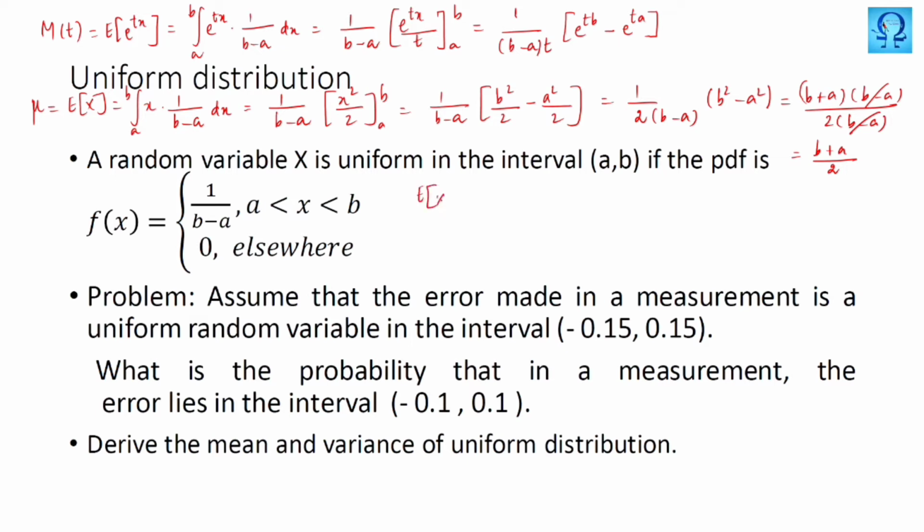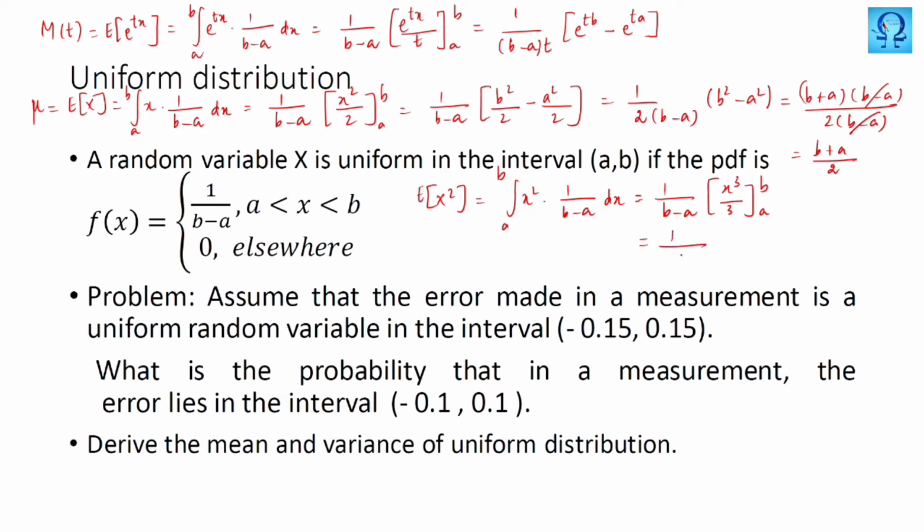Supposing we are looking to find out the variance. So the integral from a to b of x square times 1 upon b minus a dx. So this 1 upon b minus a, let us take outside. So it is x cube upon 3 over the limit a to b, isn't it?